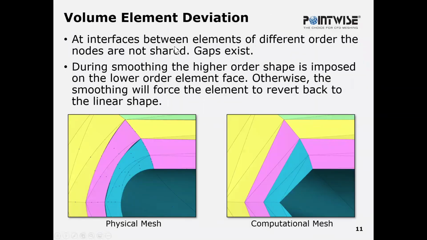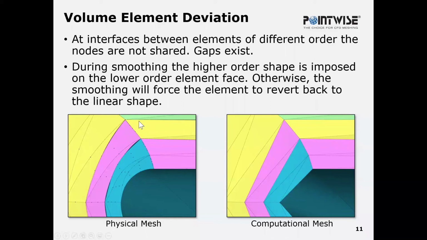At the interfaces between elements of different order, the nodes are not shared. So you see in this picture here, in the physical mesh, there's a gap as you go from Q4 to Q3 element types. During smoothing, the higher order shape is imposed on the lower order element face.